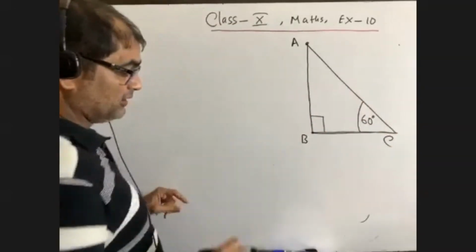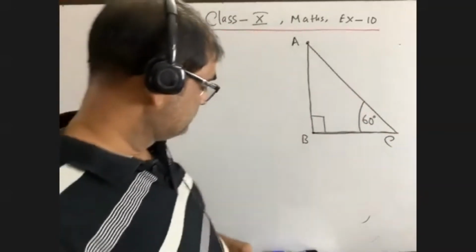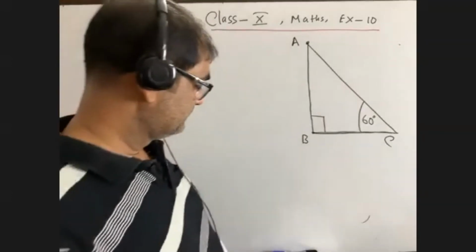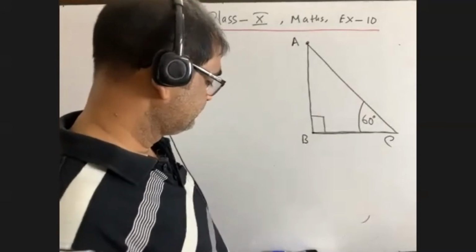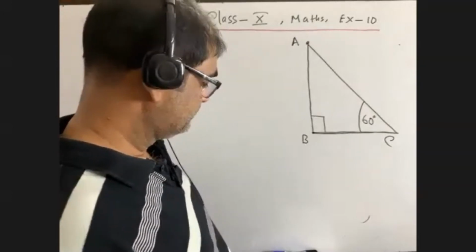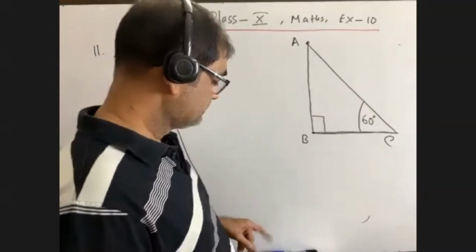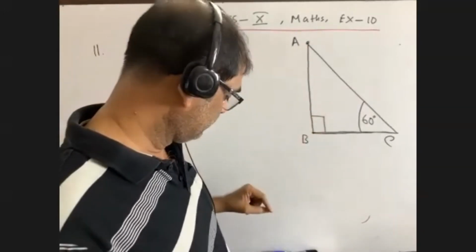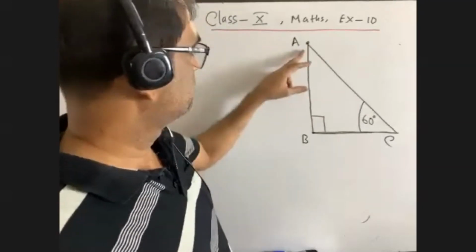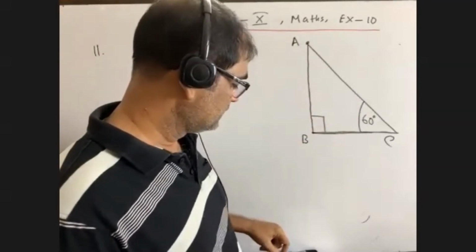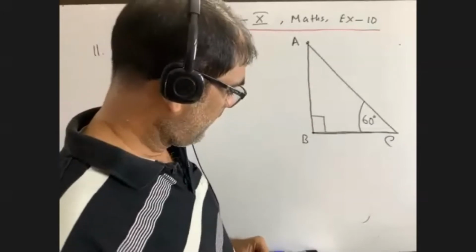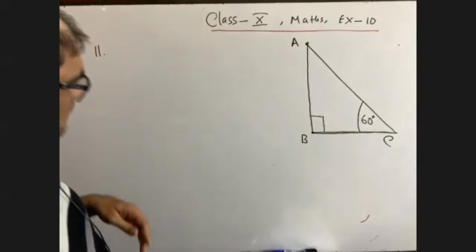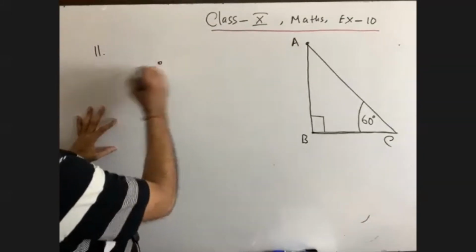Okay, then what else is given here? Top of a tree is 20 meter distance from the foot on the ground at any point on the ground.